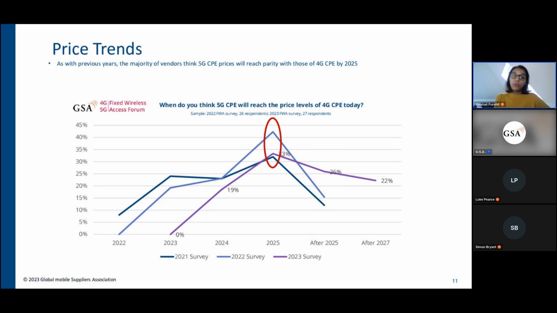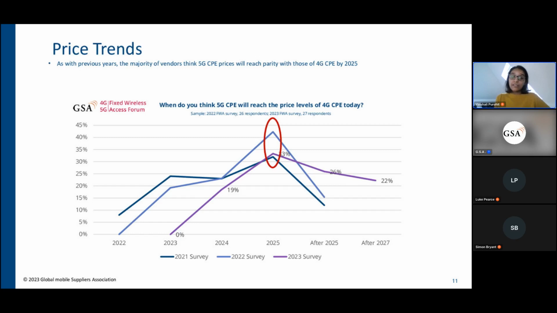Although growing, one factor limiting 5G's fixed wireless access adoption is the cost of 5G CPE compared to 4G CPE, particularly in developing markets where ARPU is lower. In the GSA Forum survey back in June, we asked when respondents believe 5G CPE would reach the level of 4G CPE today.